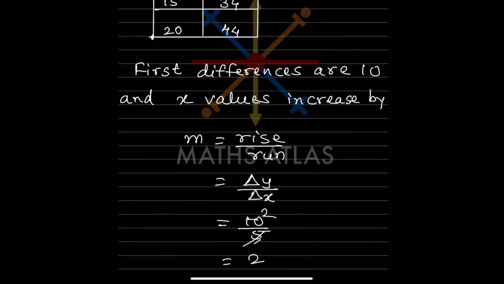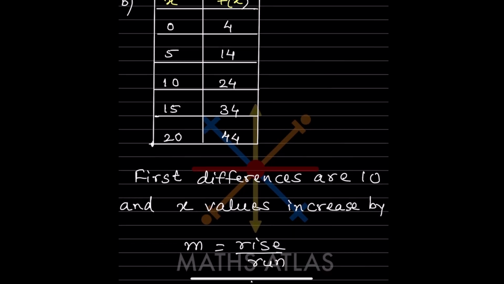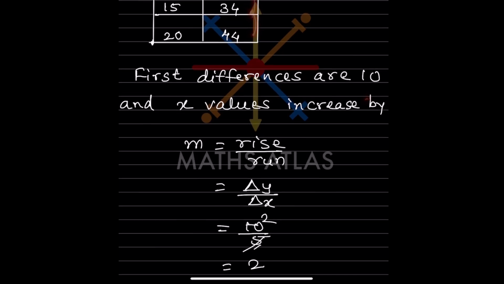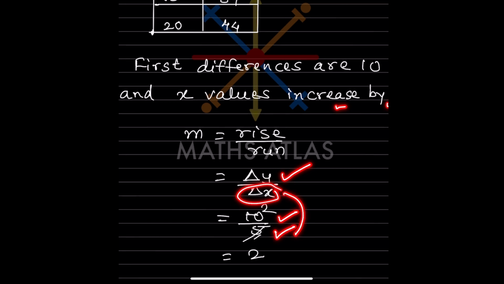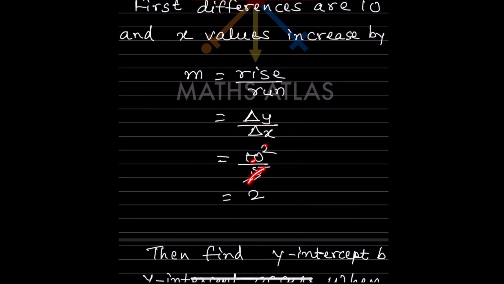Delta y is the difference in the y values, which was 10, and delta x is 5. So 5 ones are 5, 5 twos are 10, that is 2. So now you got the slope.